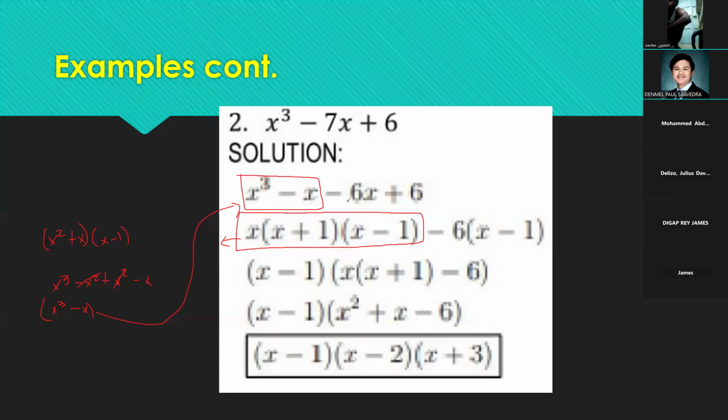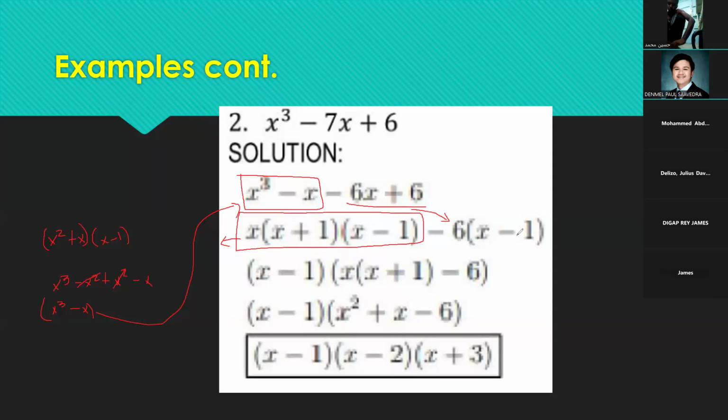And this one, we can actually factor out the 6, correct? So we need to place here negative 6 so that once you multiply negative 6 to x, it's negative 6x.